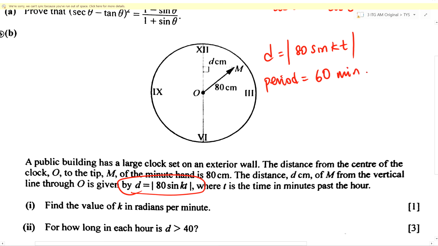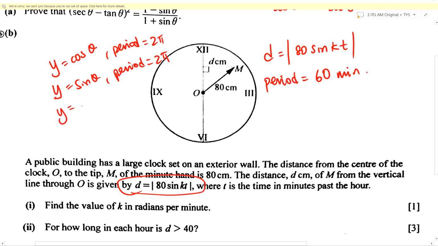Okay? Now how do we get the period from a trigo expression? Remember we said that y equals cosine theta, the period equals 2 pi, right? So y equals sine theta, the period also equals 2 pi.